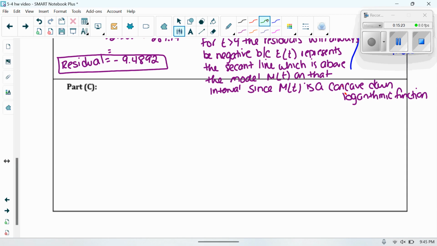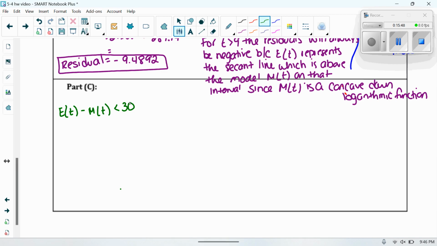So the difference between Model E and Model M. Difference signals subtraction. So E of T minus M of T, the difference between them should not exceed 30 pounds. Should not exceed, meaning less than.